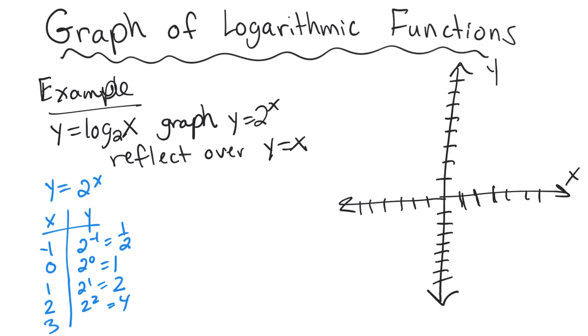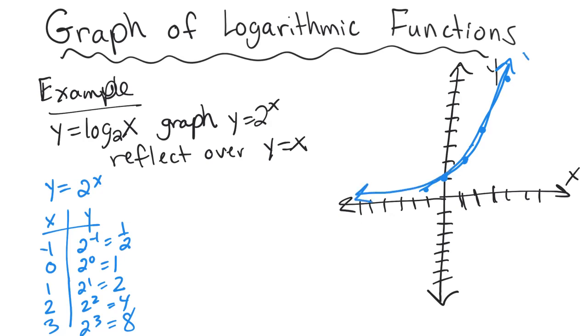And when x is 3, we have 2 cubed, which gives us 8. Let's plot these points: over negative 1, up 1/2; over 0, up 1; over 1, up 2; over 2, up 4; and over 3, up 8.